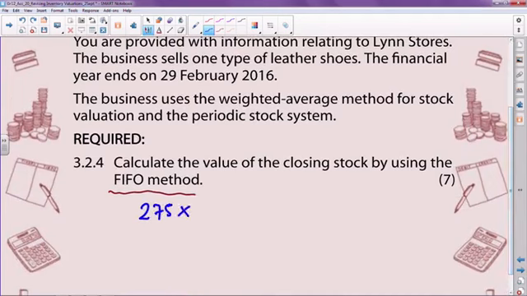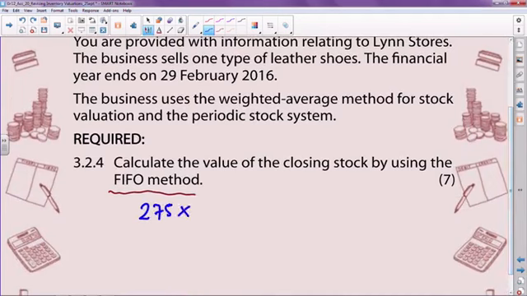Okay, add that to my 207,625, and we're left with a value of 207,625 plus 37,000 to give me a value of 244,625.